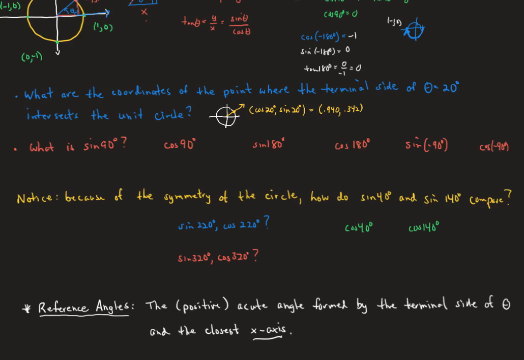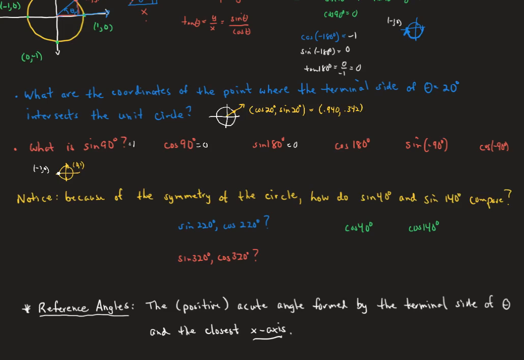So we talked about these. The sine of 90 is going to be the y-coordinate of that point where a 90-degree angle will intersect the unit circle, and so that would be 1. And the cosine of 90 would be the x-coordinate. The sine of 180 would be the y-coordinate of the point where a 180-degree angle intersects the unit circle, and that would be 0.